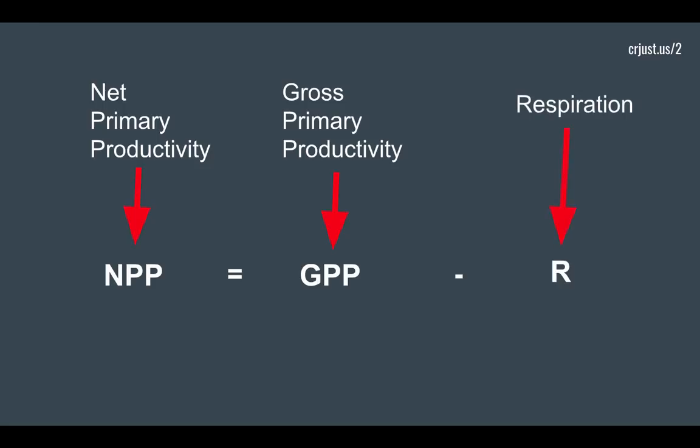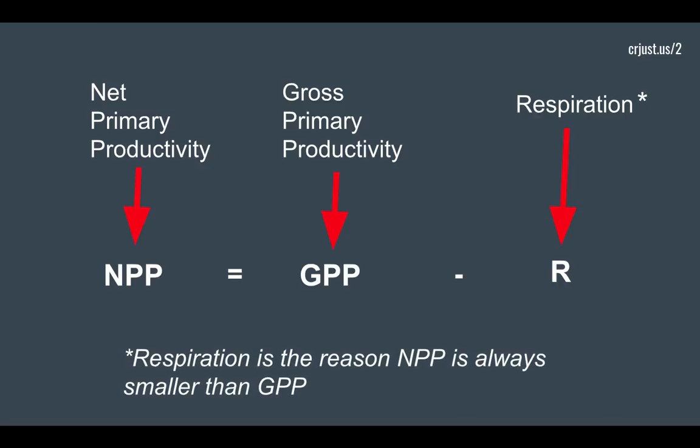Plants are not making the food for us or for the primary consumers or anything else in a food web. The plants are making the food for themselves. It's just that they make so much of it that we're able to utilize some of it as our own food. Respiration is the reason why NPP is always smaller than GPP.